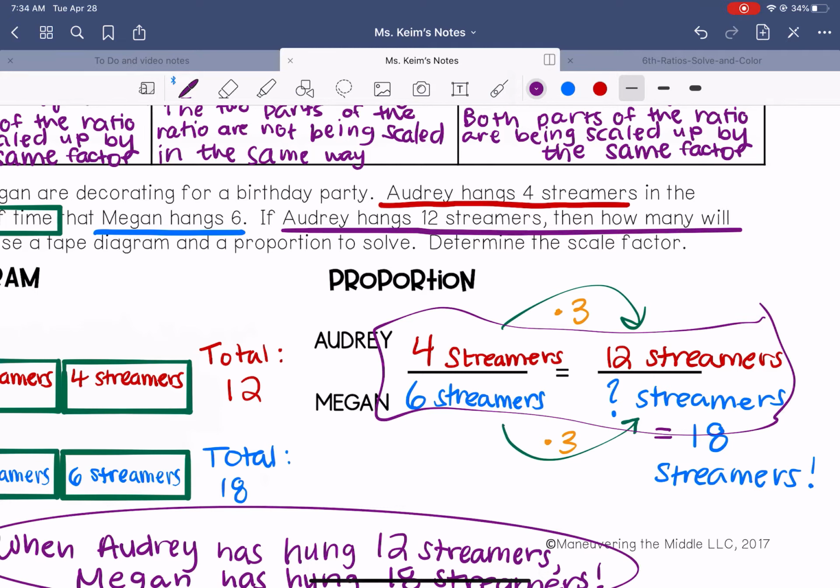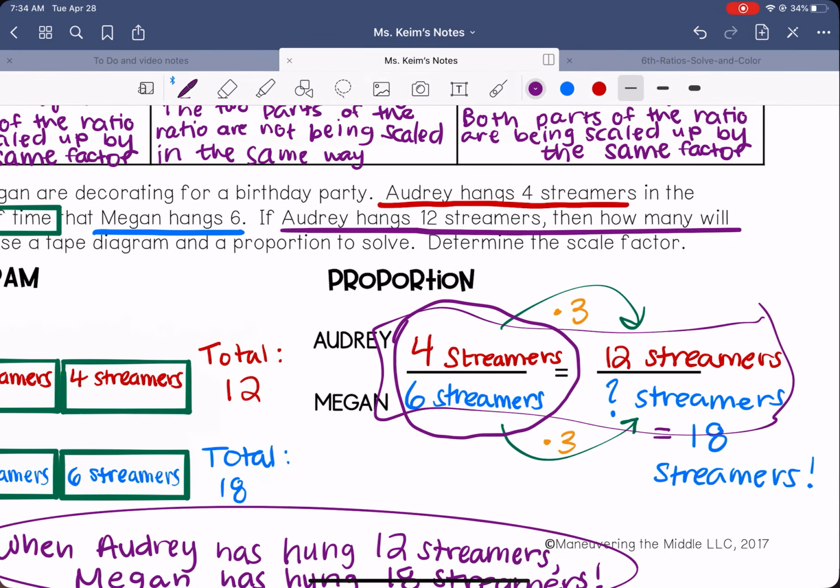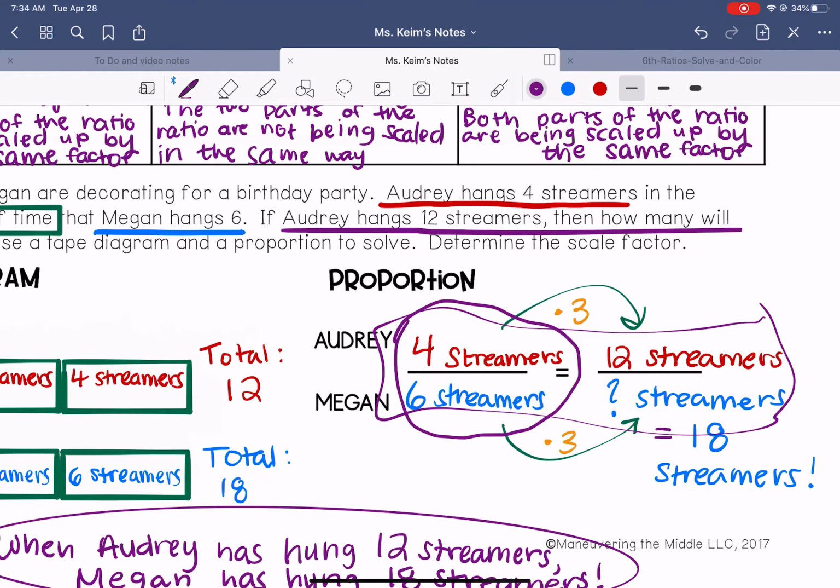And yeah, so once again, the first thing we did was represent what we knew, which was that Audrey hangs 4 streamers and Megan hangs 6 streamers in the same amount of time. On the other side of our proportion, we wanted an equivalent relationship if Audrey has hung 12.